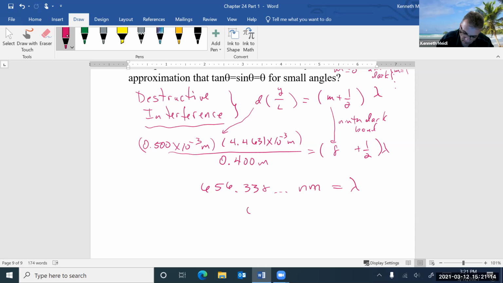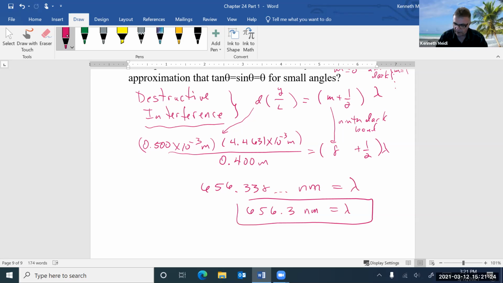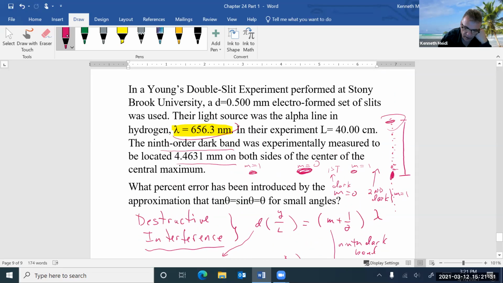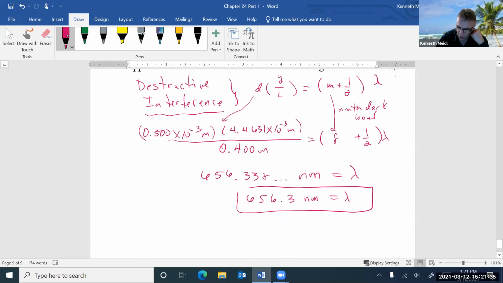And so if I just take it to so many sig figs, the experiment tells me that the wavelength of light is 656.3 nanometers. And the known number is that out to 4 significant figures. So we almost don't see anything in terms of this approximation showing up as being a problem, right?